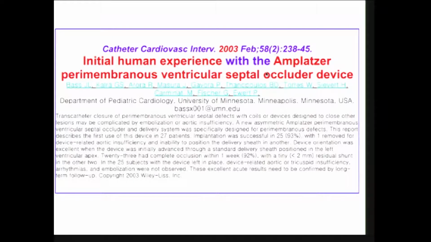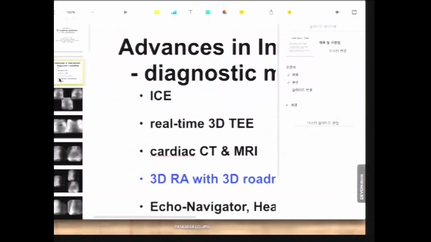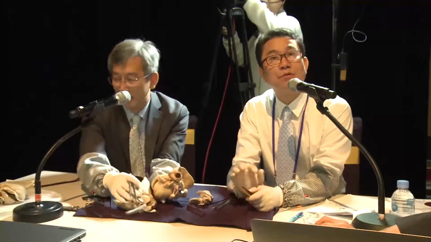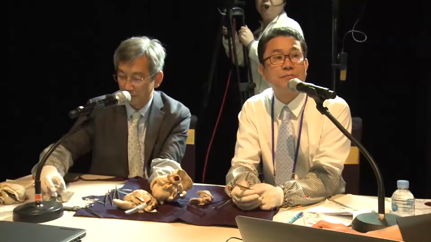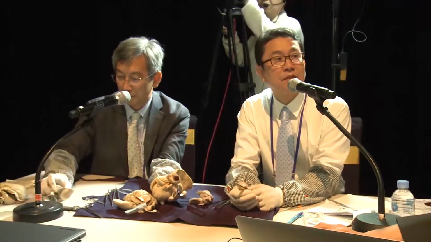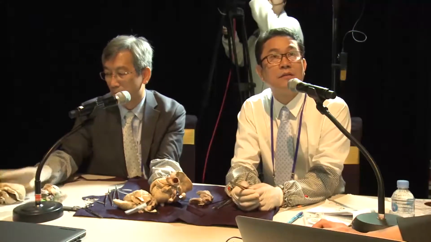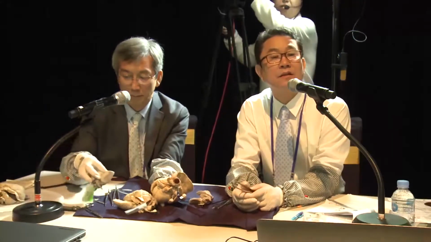The first case of perimembranous closure using an unplugged perimembranous VSD. So for closing a perimembranous VSD, AV block is a big issue. In some reports, usually using a plus PMVSD device, 5% AV block was reported, and in the Toronto group, in infant cases, 22% prevalence.